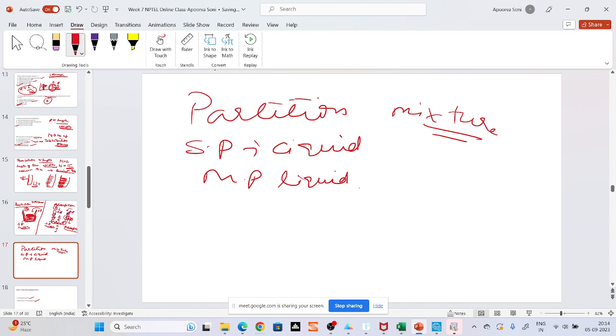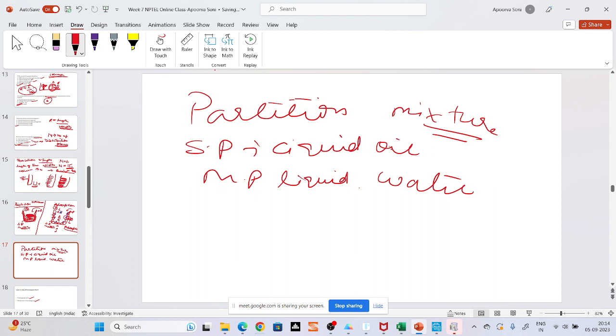So when your stationary phase is liquid, then the separation depends only upon the partitioning of the mixture between the two phases. Suppose you have stationary phase as oil and mobile phase as water. You know that the properties of oil are so different from the properties of water.